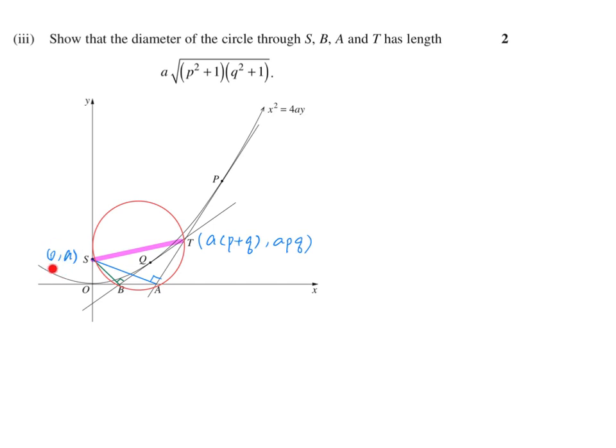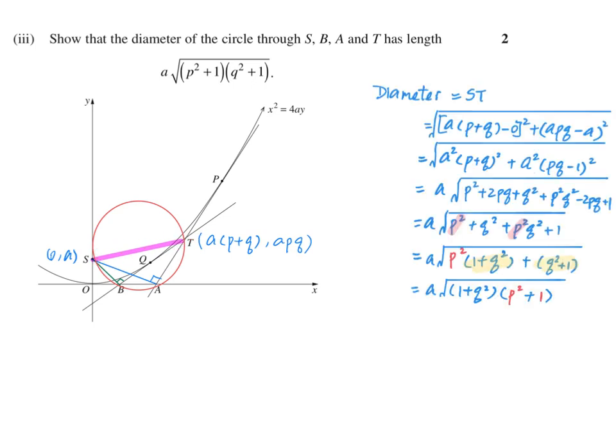With the coordinates of S and T available, the diameter of this circle is equal to the distance ST. So for the diameter, the ST distance, we apply the distance between 2 points formula: x coordinate minus x coordinate squared plus y coordinate minus y coordinate squared.